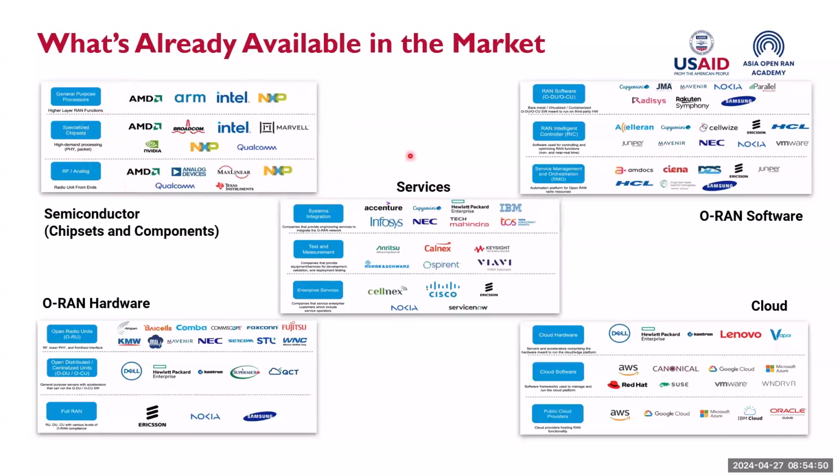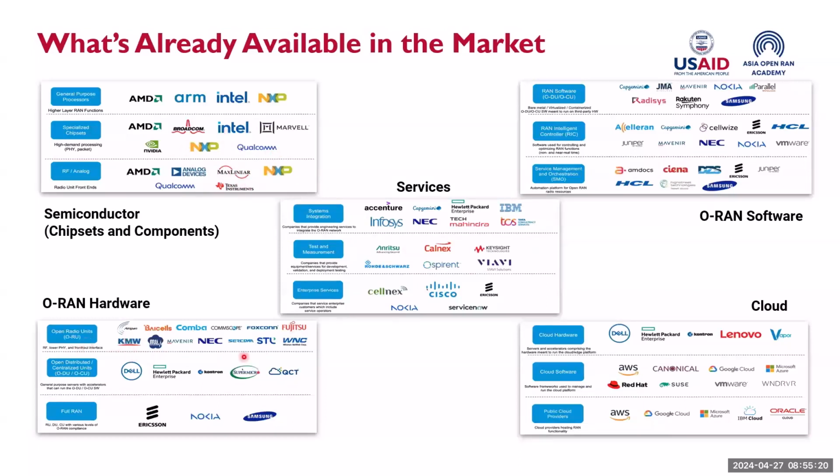Semiconductor chipsets and components that are already supporting the production of Open RAN. Okay, so NVIDIA is also there in terms of the acceleration of the servers. Qualcomm, one of the leading developers of technology, especially in 5G, and Analog Devices, Texas Instruments, are already jumping into Open RAN.